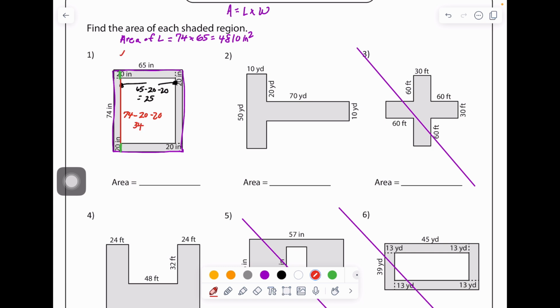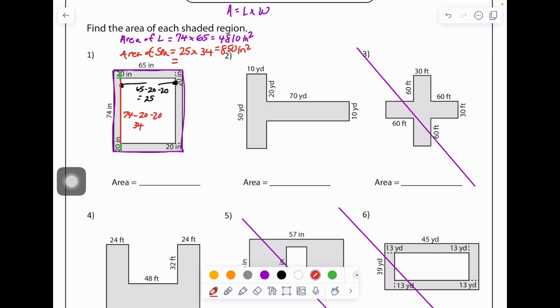That gives me the area of the small rectangle, the one that's in the center, the one that's inside or unshaded. And that's going to be 25 by 34, which is 850 square inches.